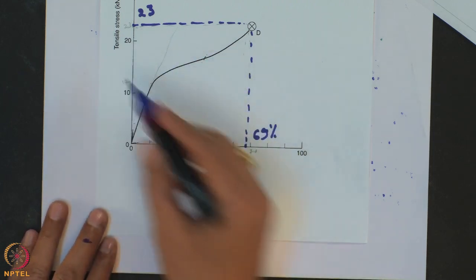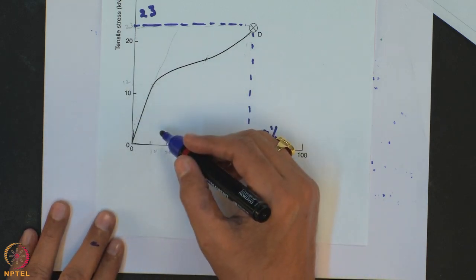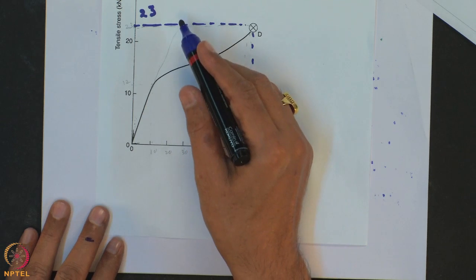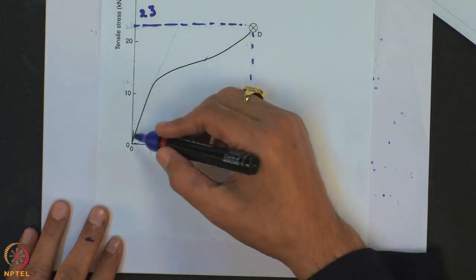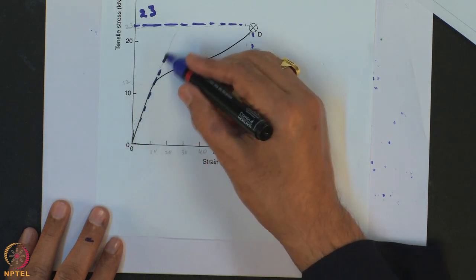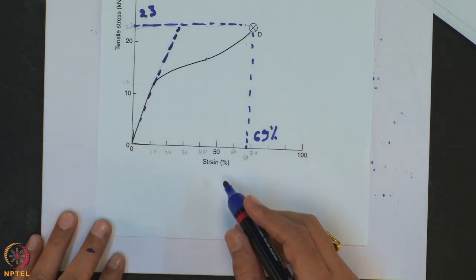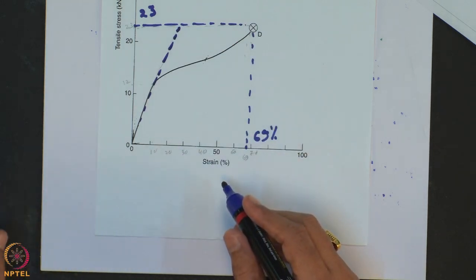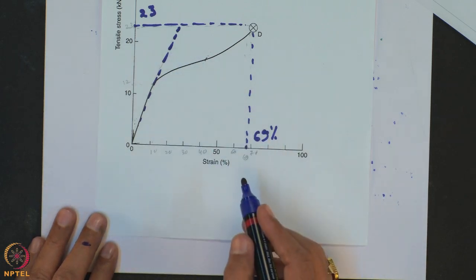From this tensile stress strain curve of the geotextile material, you can determine the modulus. You can draw the tangent like this, and from this tangent you can determine the slope.